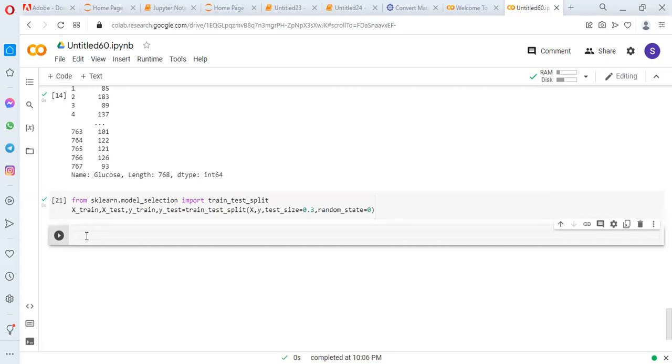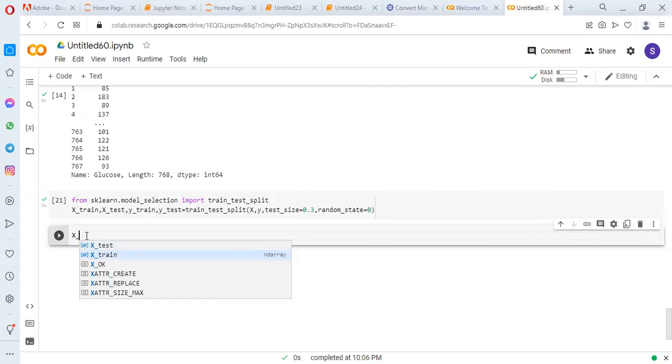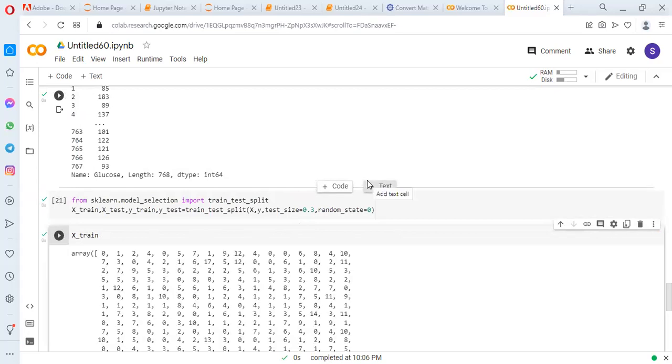So x_train. Yes. So from sklearn.model_selection, we use one of the libraries named sklearn.